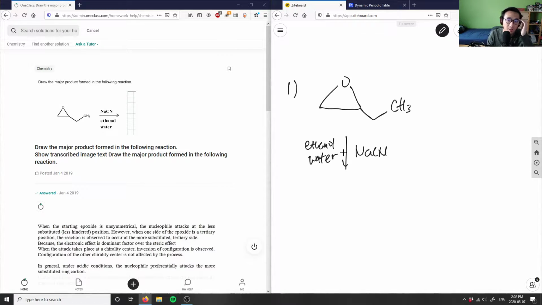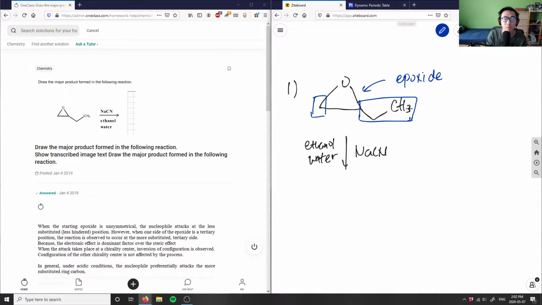Two things could happen here. When we talk about epoxides, there are two kinds: symmetrical epoxides and asymmetrical, or unsymmetrical, epoxides. All you have to do is look at the side groups. In this case, we have this group here, which is simply hydrogens, and this group here is the ethyl group.